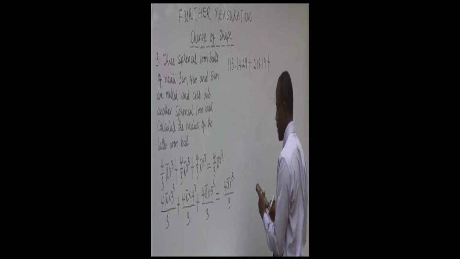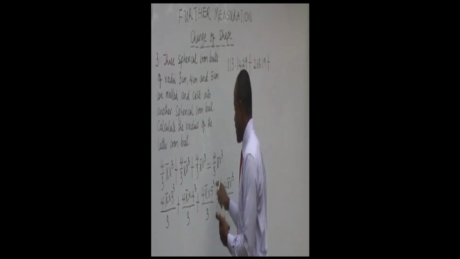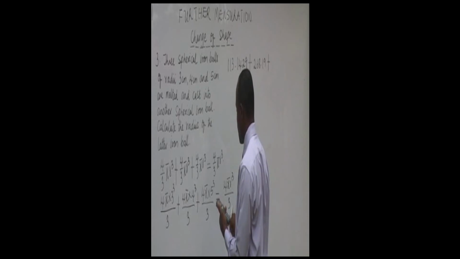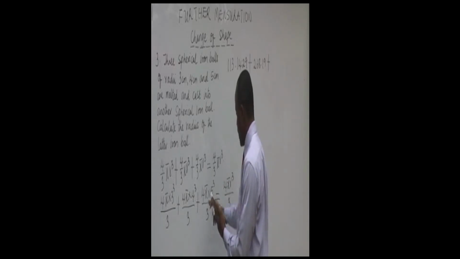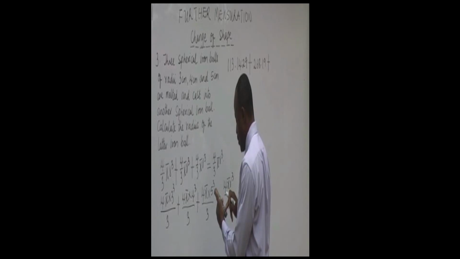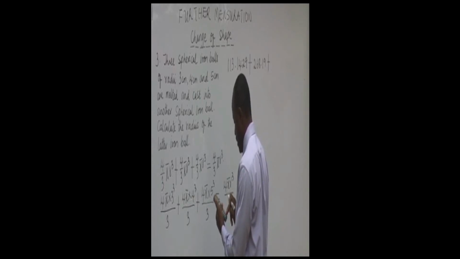Then plus, 5 times 5 is 25. 25 times 5 will give you 125. So let's start from the value of pi. 22 divided by 7 has this value, times 125 has this value, times 4 we have this value, then divided by 3.